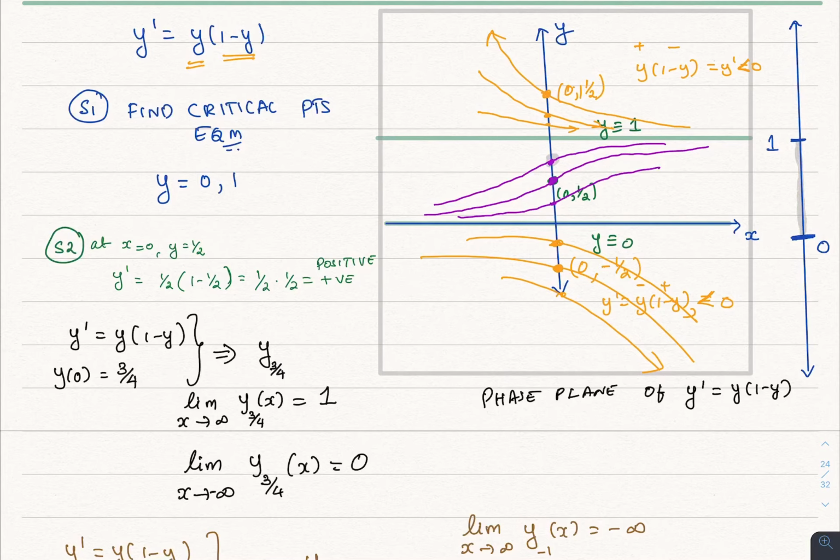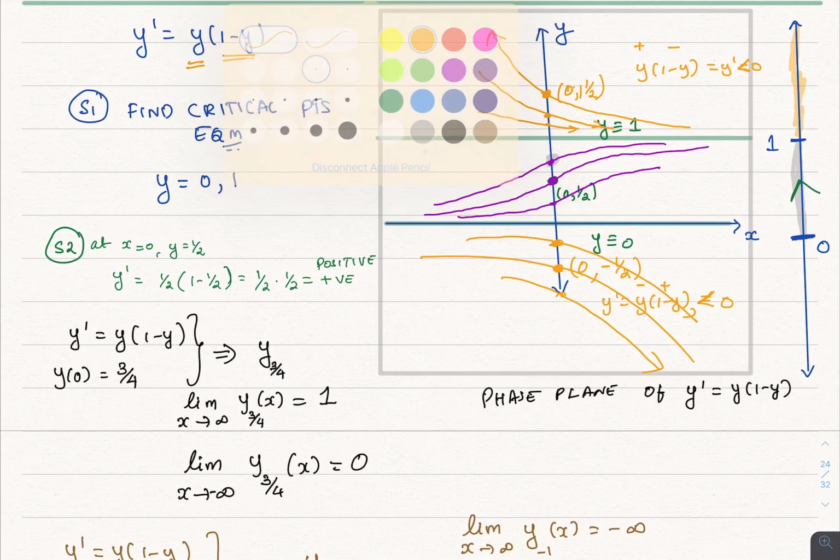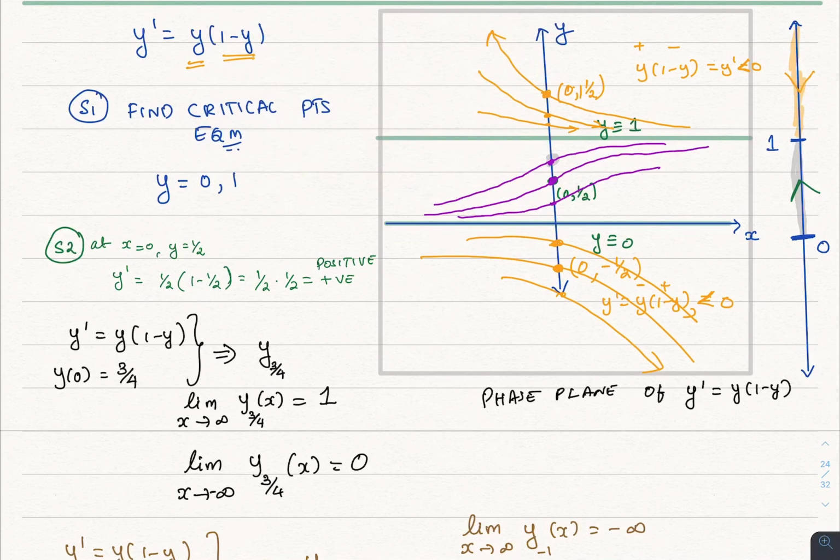In this particular region, the derivative is negative, right? So I'm going to make an arrow. The solutions are going down. In this region, I'm sorry, I think I made a mistake here. In this region, the derivative is positive, so the solutions are going up. In the orange region, the derivative is negative, so therefore it's going down.